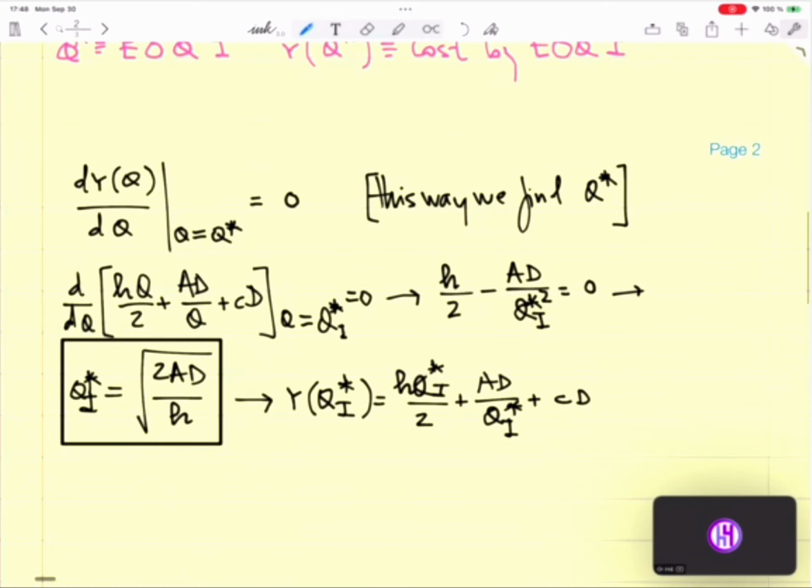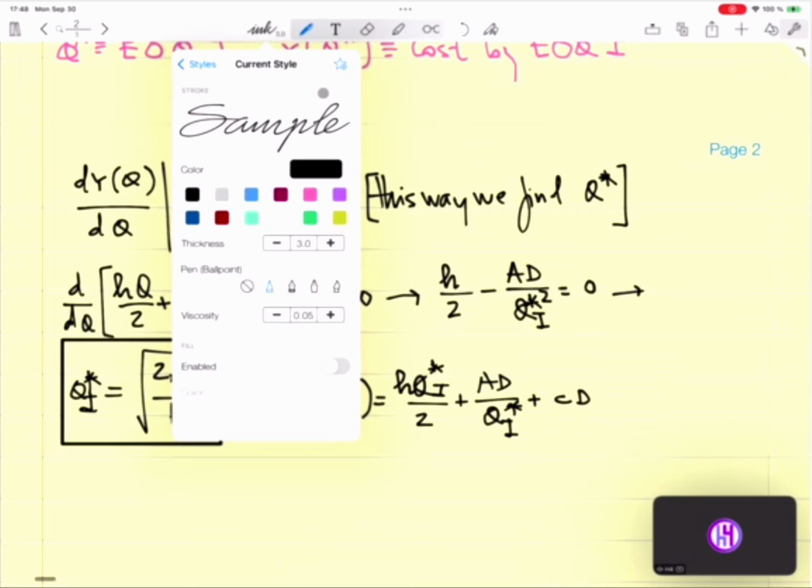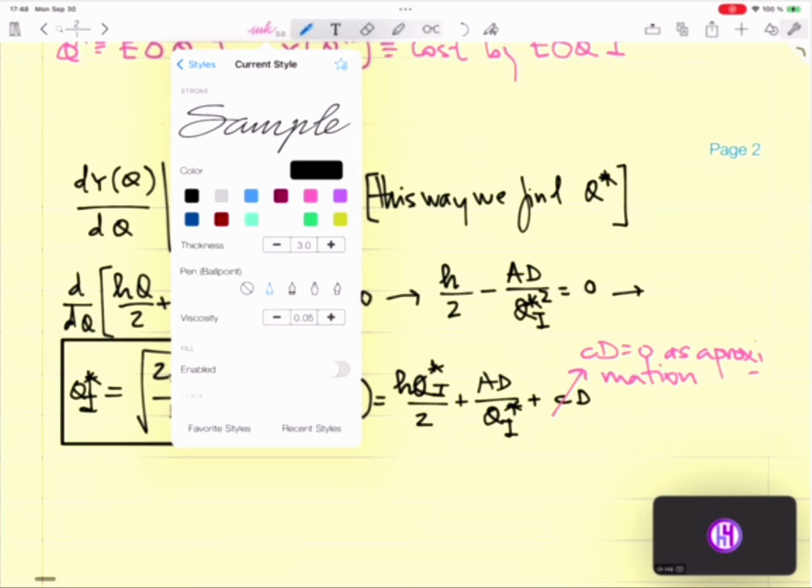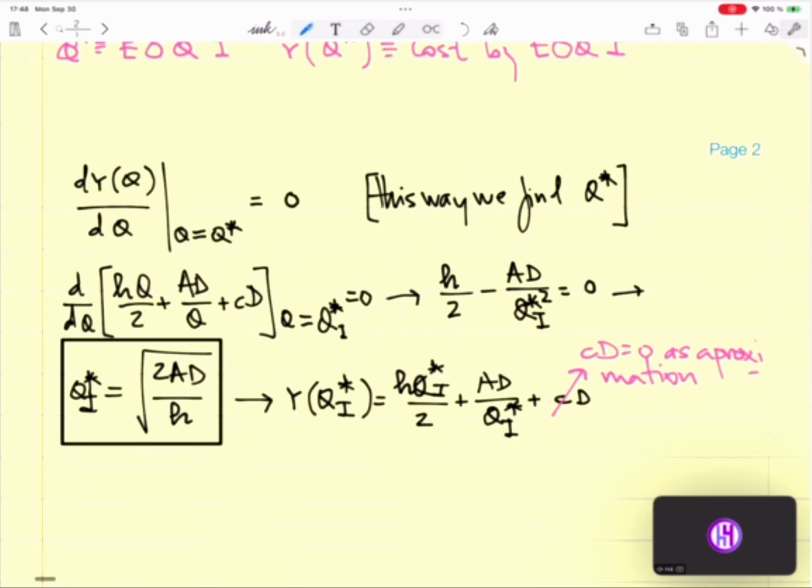Here we're going to make an approximation. We're going to make CD equals 0 as an approximation. It doesn't change the model, just makes the formula easier.